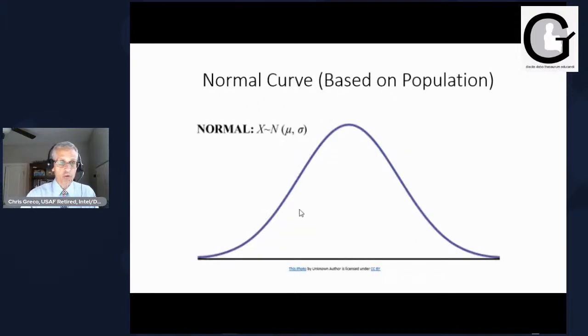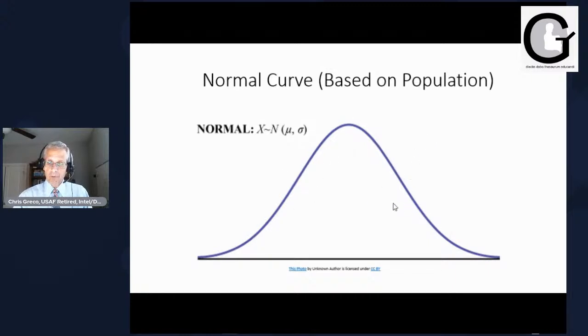Okay, normal curve. This is a normal curve. So let's talk about the different characteristics of a normal curve. This is based on a population, because there's your mu, which is the mean of your population, and small sigma, which is the standard deviation of a population. Don't worry about that at this point in time. Notice it's shaped like a bell.